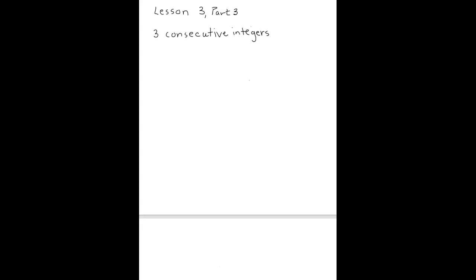And that means if we were to start, for example, 1, 2, and 3 would be consecutive integers. They're one right after the other. And we're told that those 3 integers are going to be 13 greater than twice the smallest of the 3 integers. And we're asked to find the integers. So let's take a look.